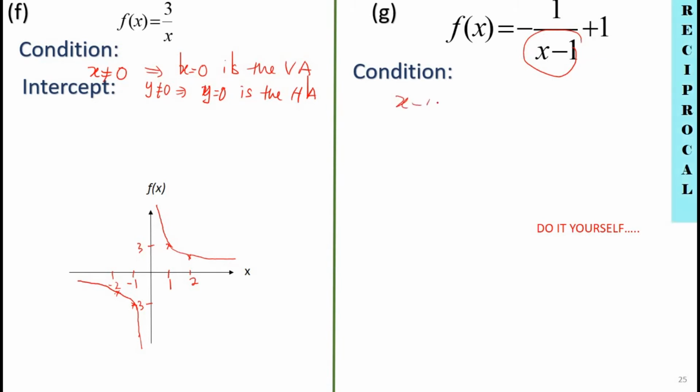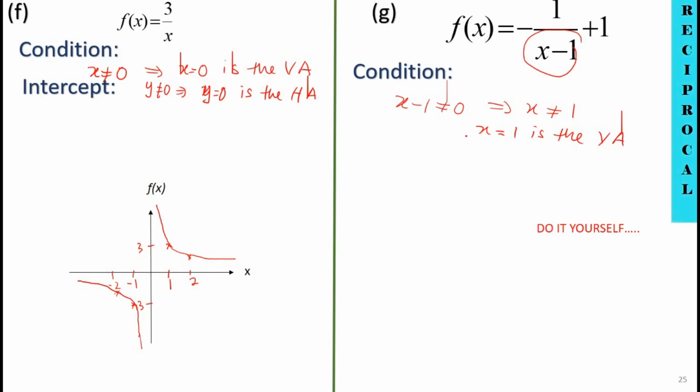So meaning that x minus 1 cannot equal 0, so x cannot equal 1. So this x equal to 1 is the vertical asymptote. Is that clear?